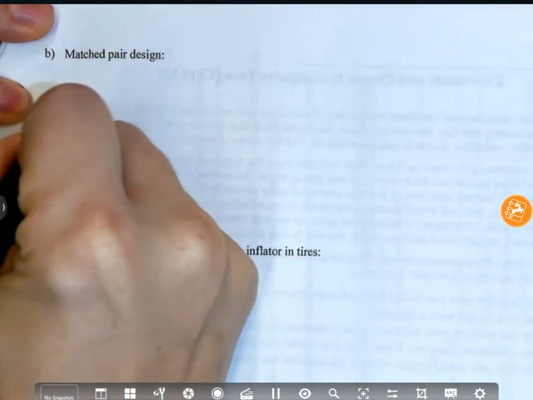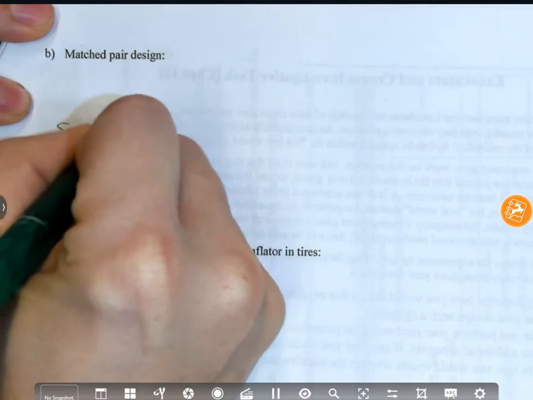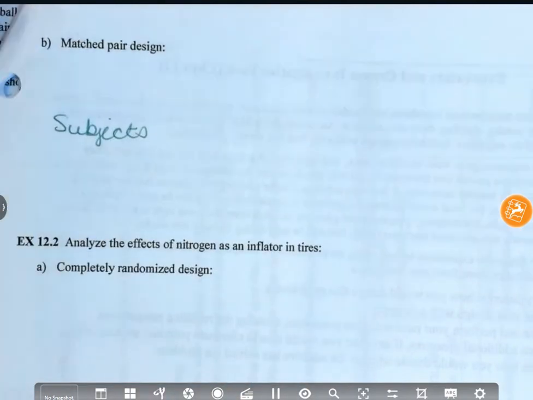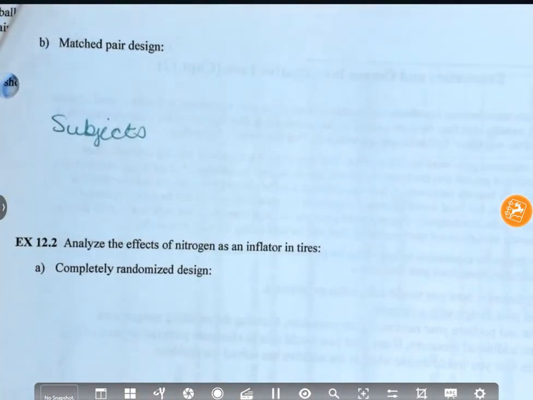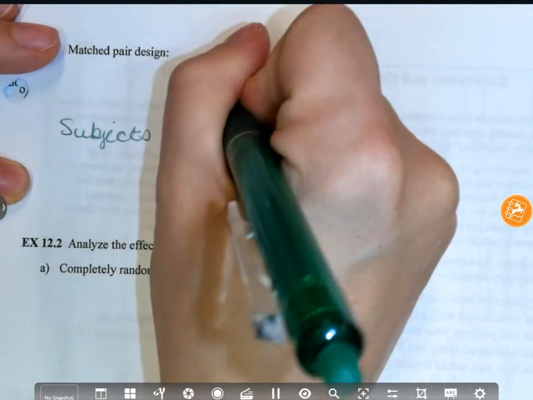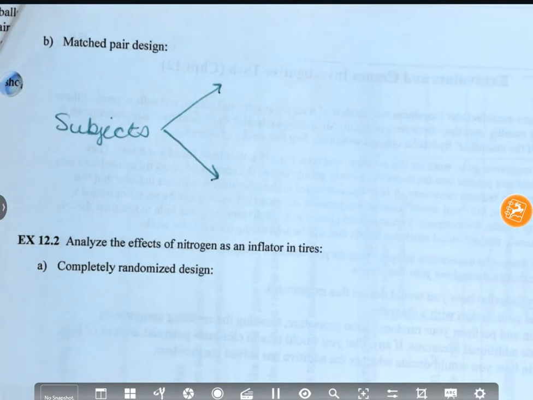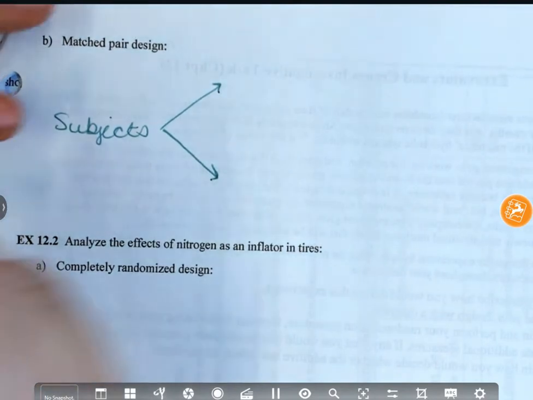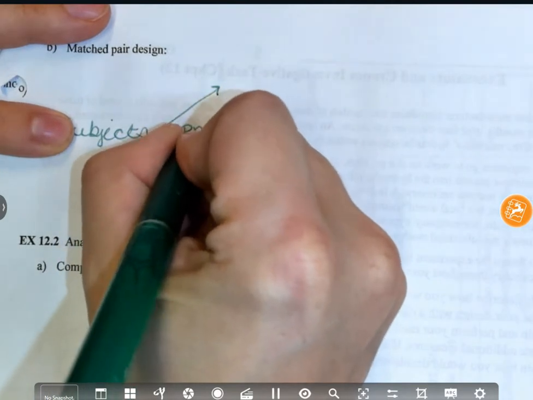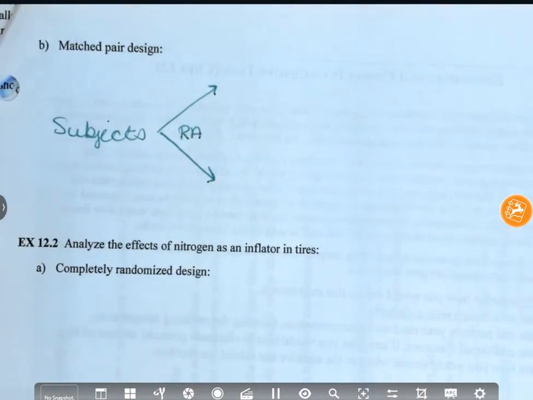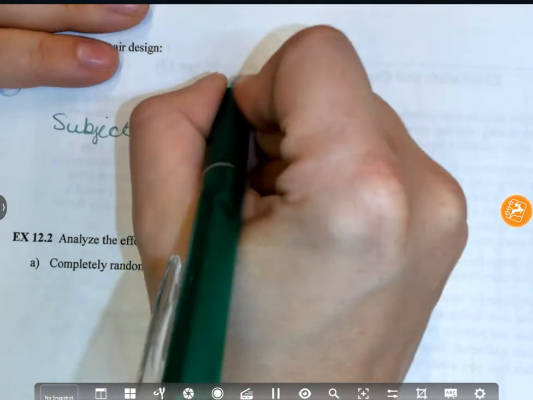So what I would do is take my subjects. I like drawing this in a picture. I think it's very nice. I'm going to randomly assign my subjects to one of two groups.